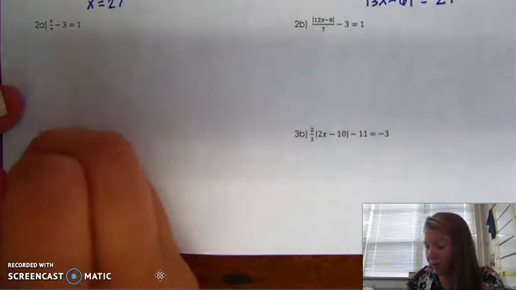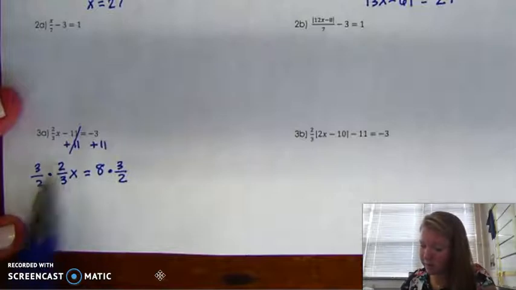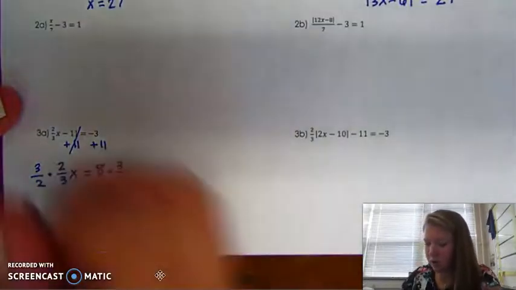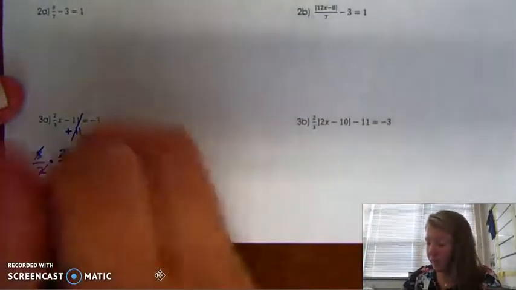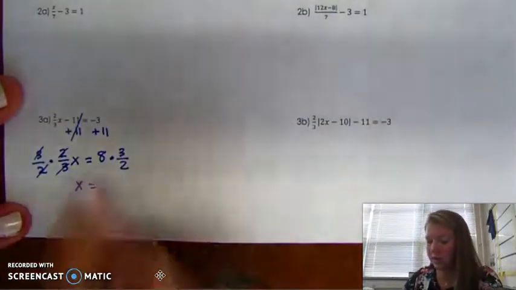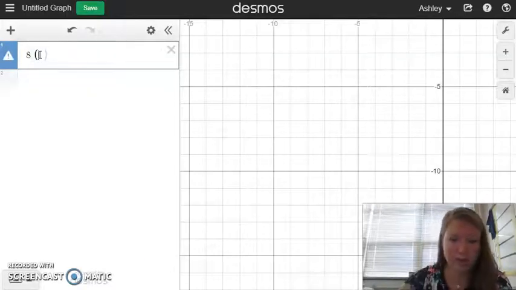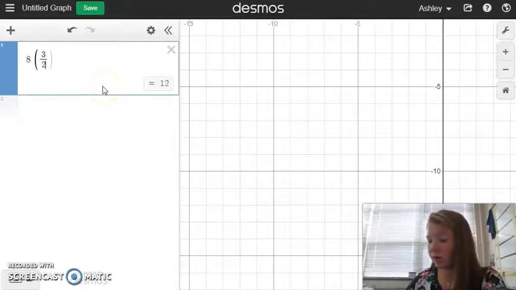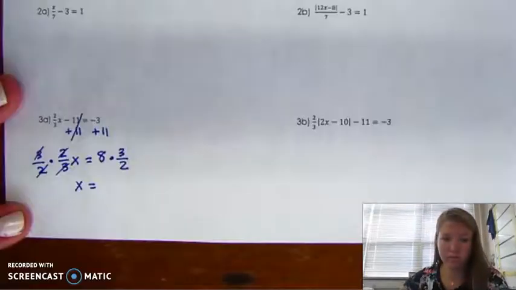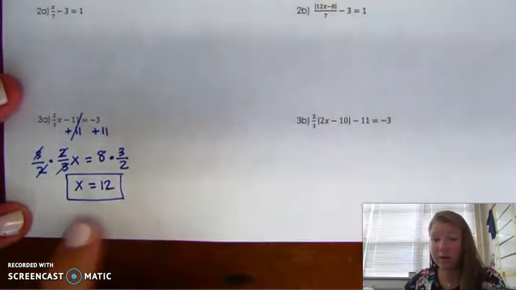So 3/2. Okay, so that's going to become 6 divided by 6, which is an understood 1. So all that's going to go away. We're left with 1x equals 8 times 3/2, which I'll type into Desmos. 8 times 3 over 2 is going to give us 12. So x equals 12 is our final answer for that linear equation.